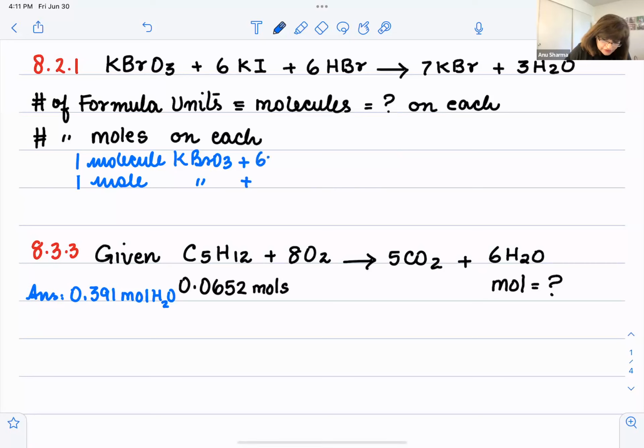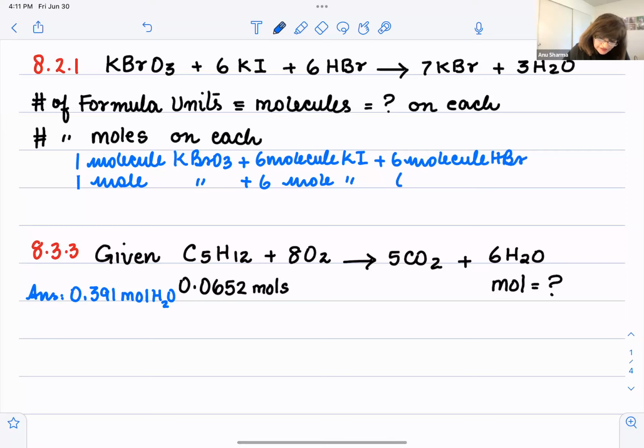6 molecules of potassium iodide, and that also means 6 moles of potassium iodide, and also reacting with 6 molecules of HBr, and this also means 6 moles of HBr.